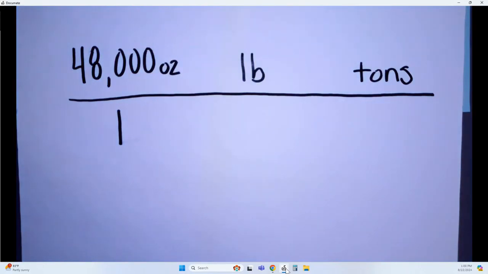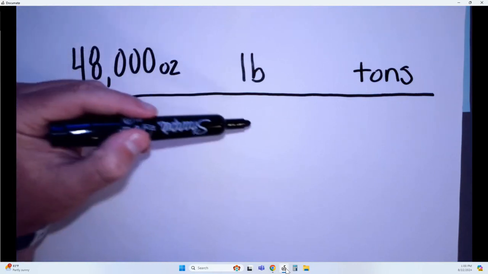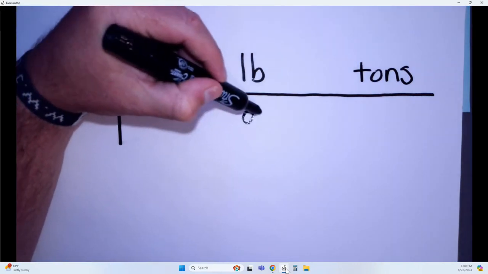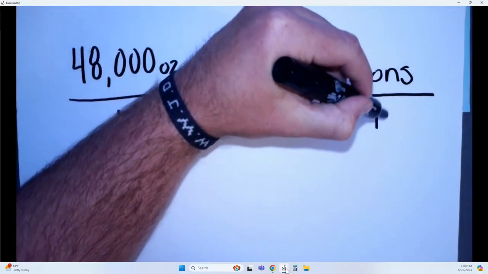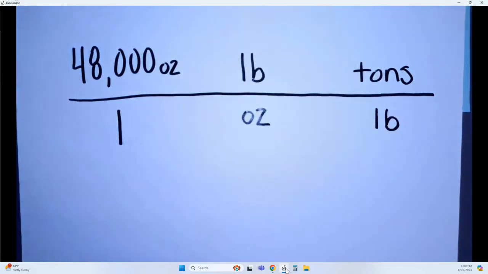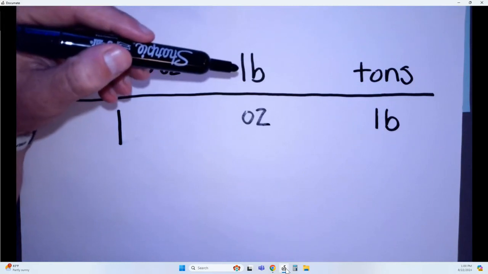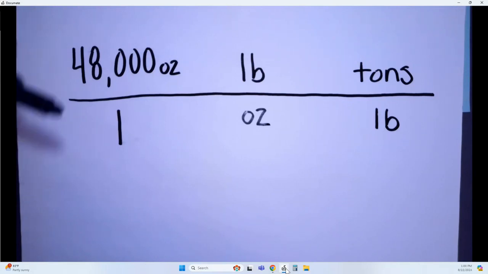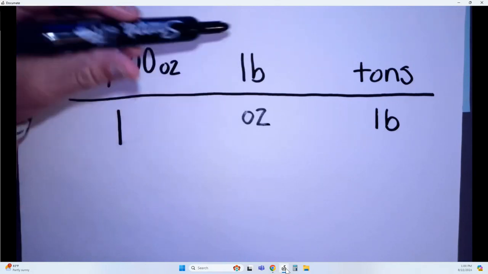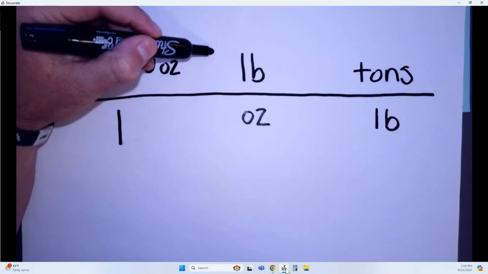Now that we have our table laid out, we're going to take ounces and pair it with pounds, and take pounds and pair it with tons. Now I'm going to look at my pairs, pounds and ounces, and whichever unit is larger gets the quantity 1. In this case, it is pounds.